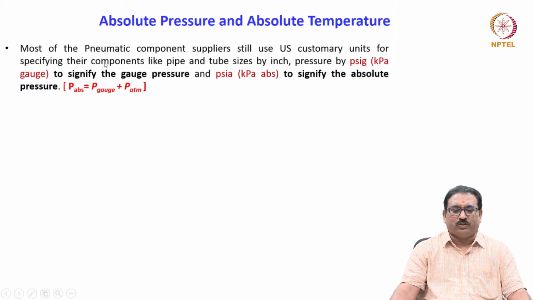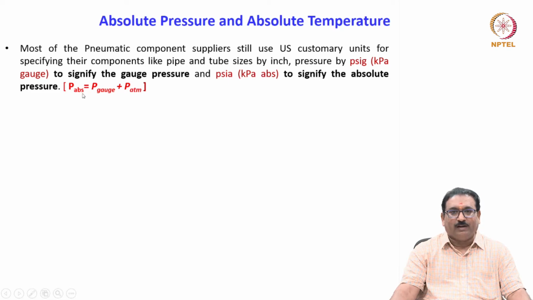Quickly I will tell you, most pneumatic component suppliers still use US customary units for specifying components, like pipe and tube sizes by inch, pressure by PSIG, in SI unit kPa, kilopascal, to signify the gauge pressure. PSIA means pounds per square inch absolute. Here PSIG is pounds per square inch gauge, correct, in SI unit kPa absolute, to signify the absolute pressure.